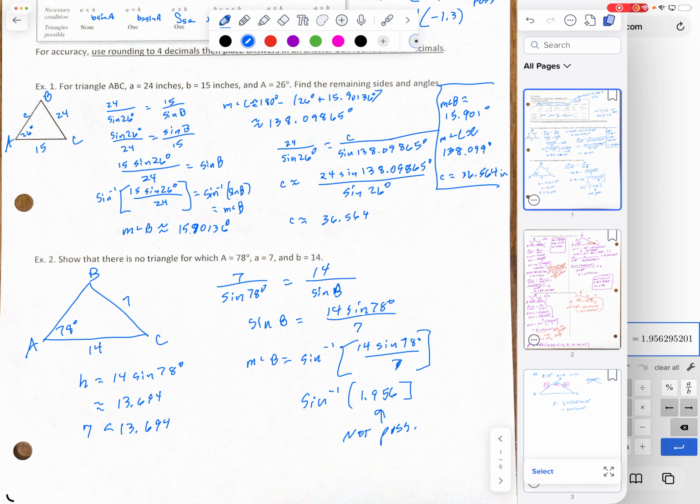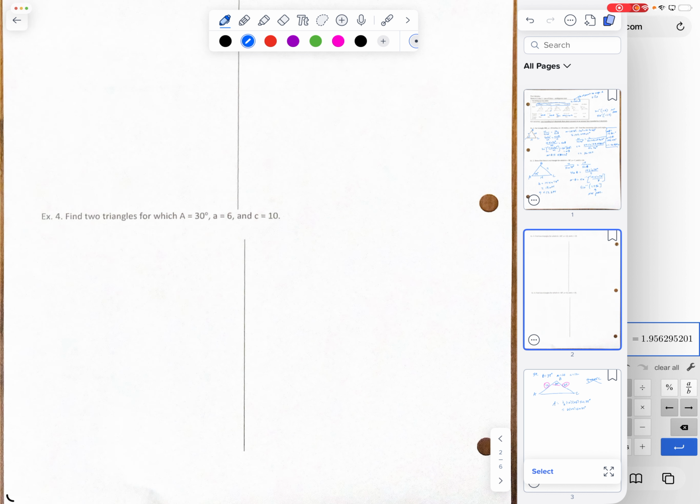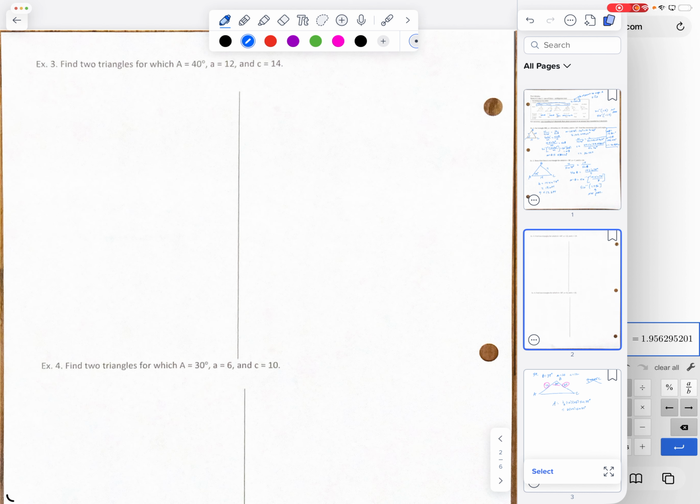And so 14 times the sine of 40 degrees over 12 is the sine of C. And the measure of angle C is the inverse sine of 14 sine 40 degrees over 12.